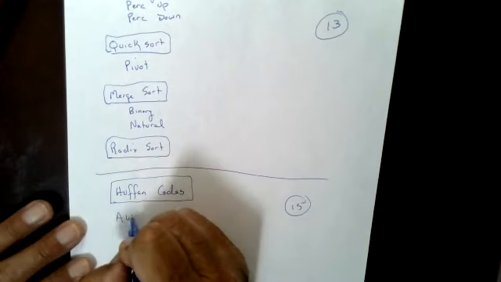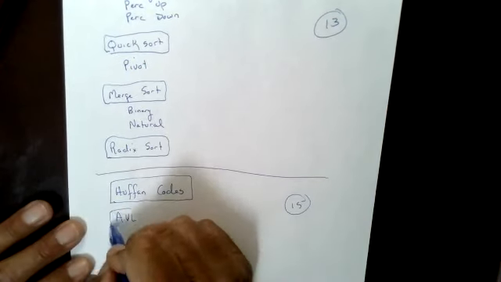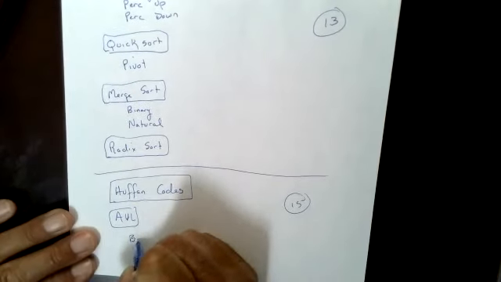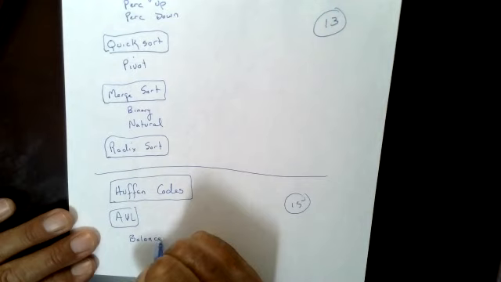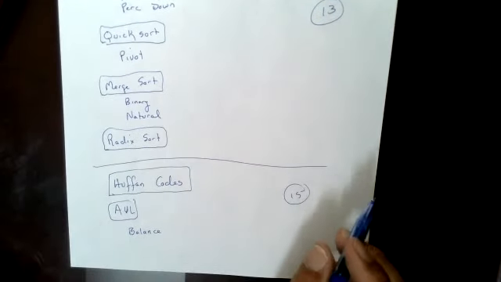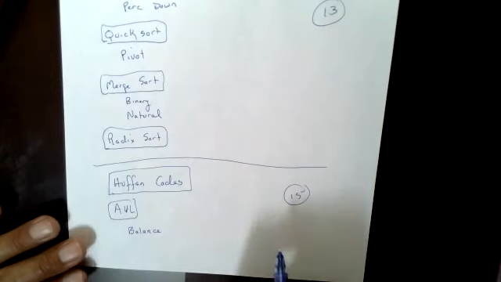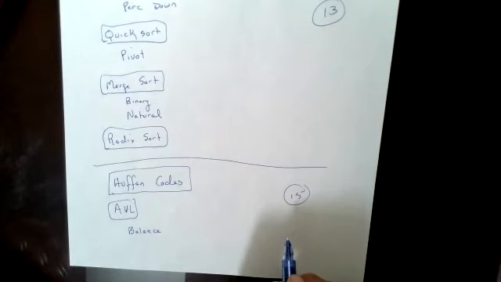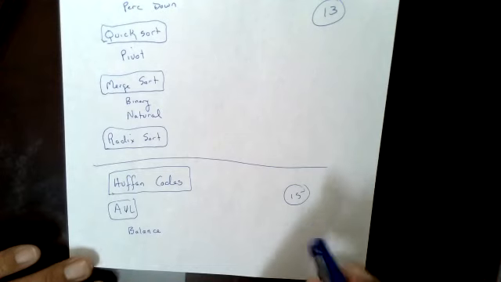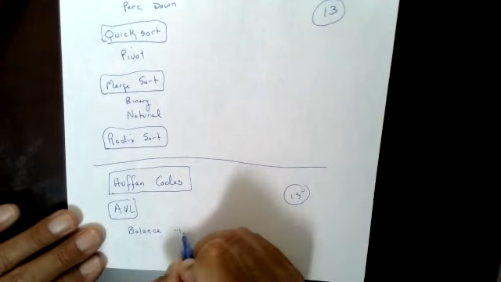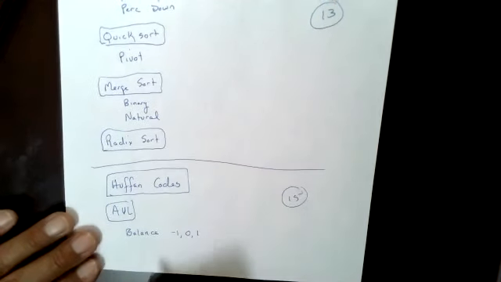AVL. Adelson-Velsky and Landis. That had a balance factor. What were my balance factors? In order for me to have a balanced tree, I needed balance factors of -1, 0, and 1.